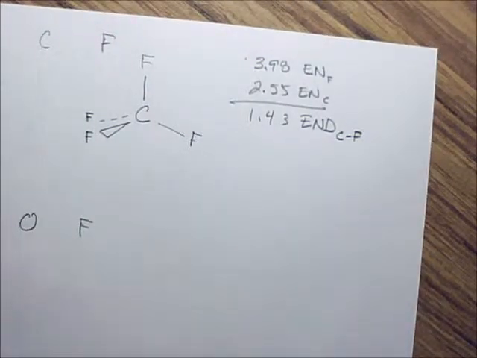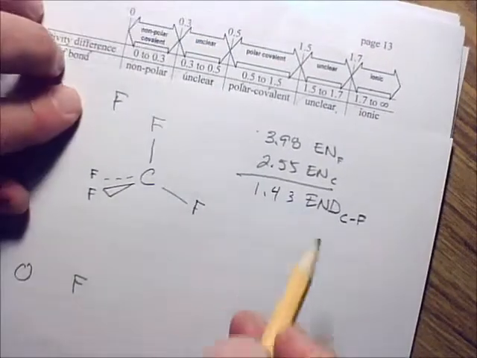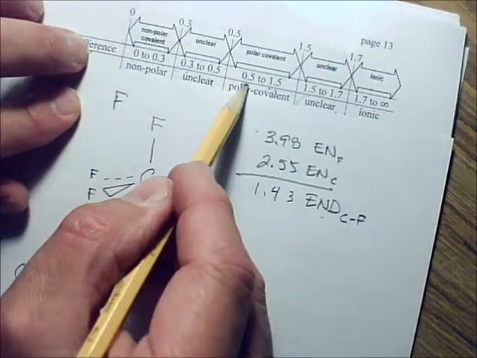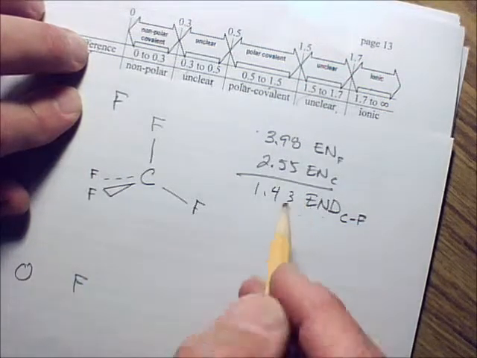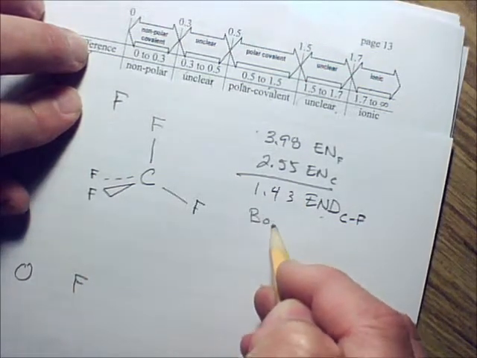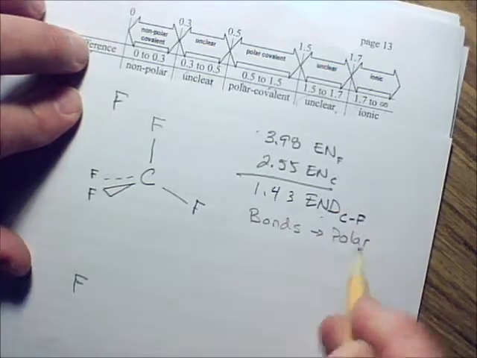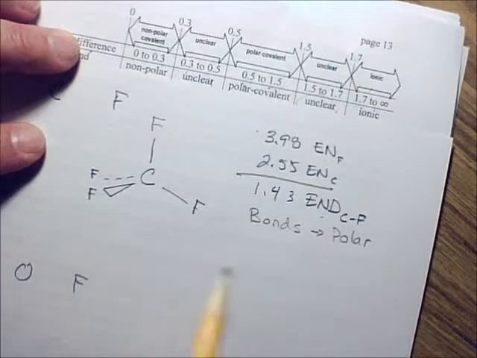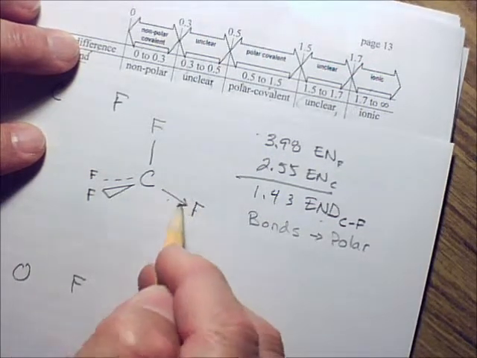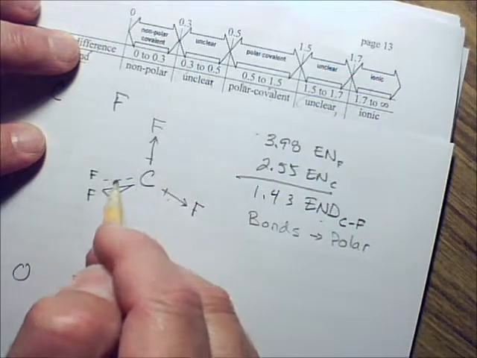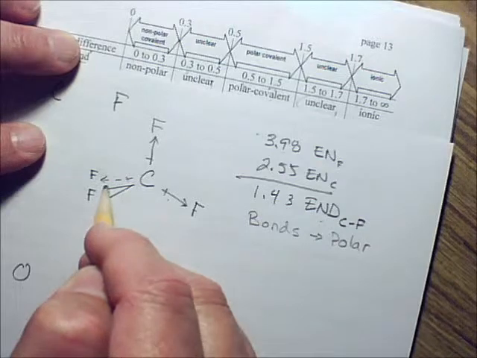Let's get your unit handout out and take a look. An electronegativity difference of between 0.5 and 1.5 is polar. Therefore, all these bonds are polar. Okay? So the bonds are all polar. But the bonds are also evenly distributed around the central atom carbon.